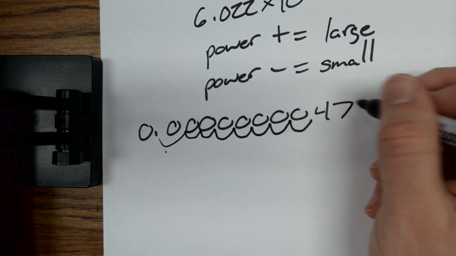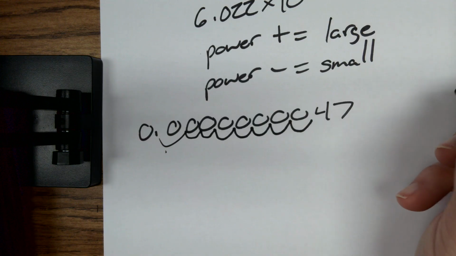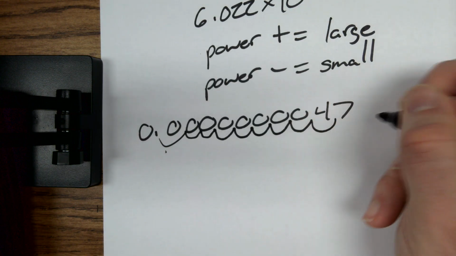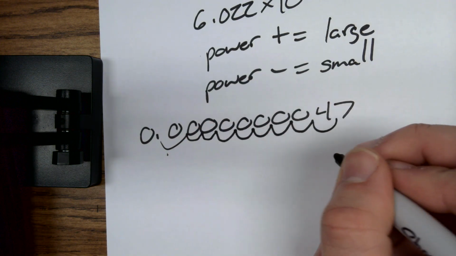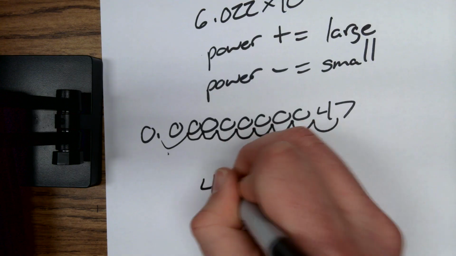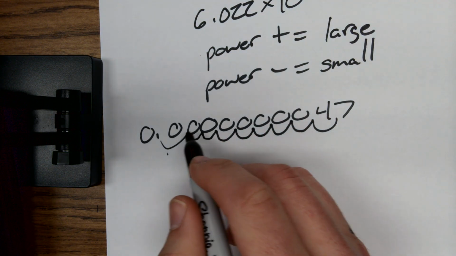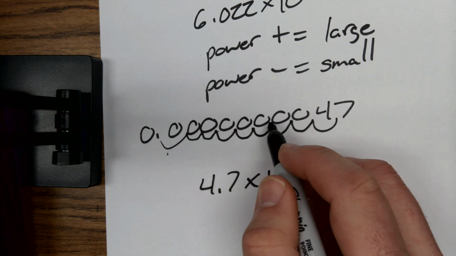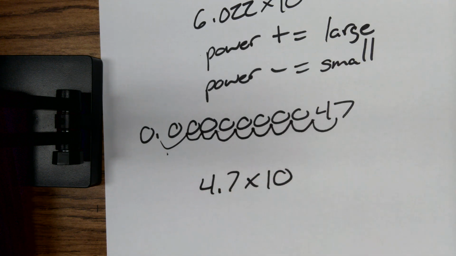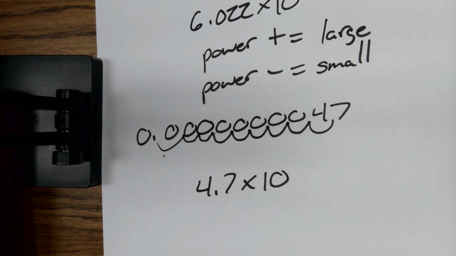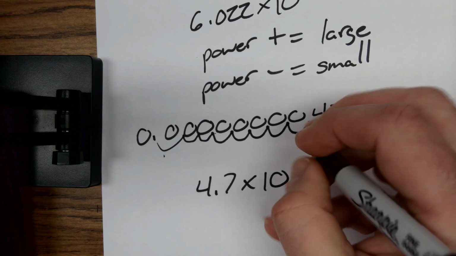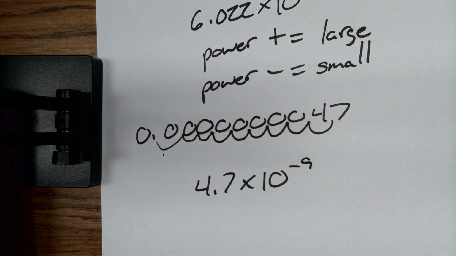Do I want to stop here at 0.47? No, I want to go to the next one, right? Boom. So my base is 4.7 times 10. I moved it 1, 2, 3, 4, 5, 6, 7, 8, 9 times. So is that positive 9 or negative 9? Negative 9.